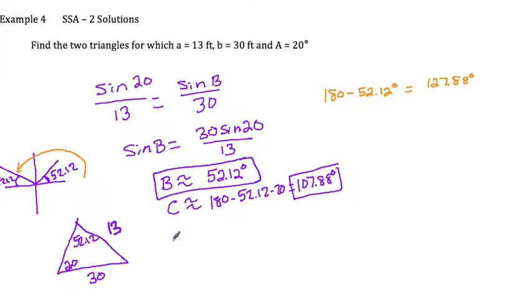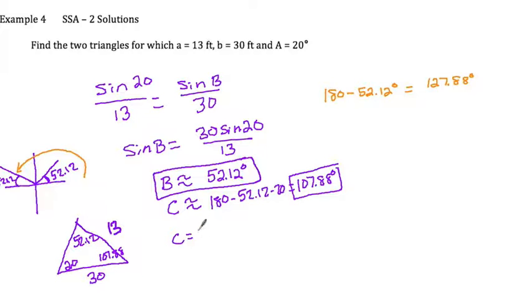Now, your side C. That's the one we're going to find using the law of sines. This is going to be 107.88 here. Sorry, my volume got messed up on my side.